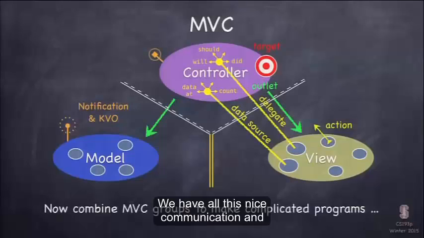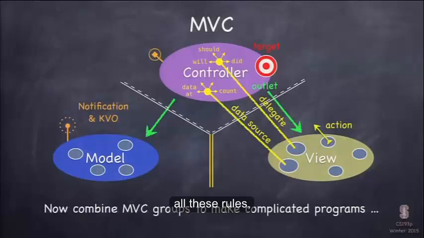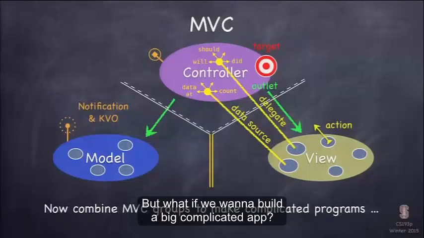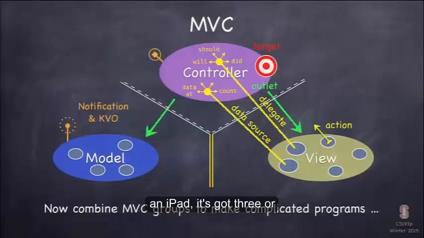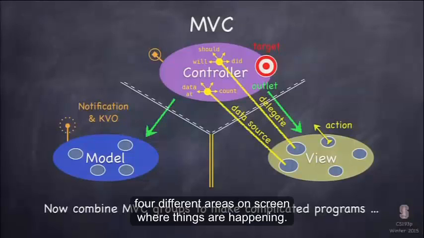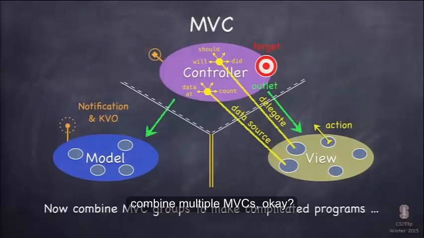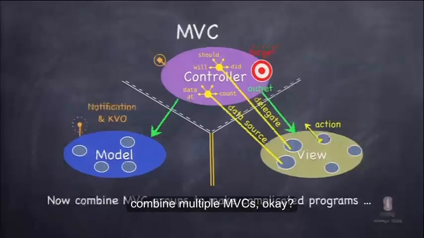All right, so we have all this nice communication and all these rules, and we can imagine building something simple using this. But what if we want to build a big, complicated app? An app that has multiple screens on our iPhone or on an iPad. It's got 3 or 4 different areas on screen where things are happening. How do we do that? Well, we're essentially going to combine multiple MVCs, okay?